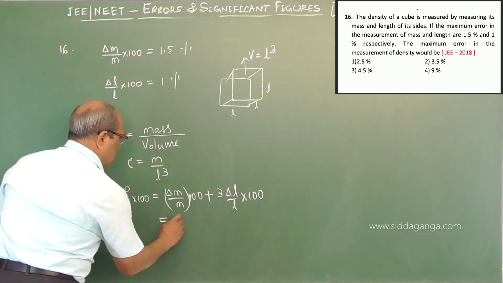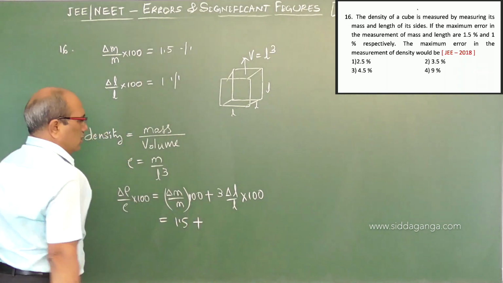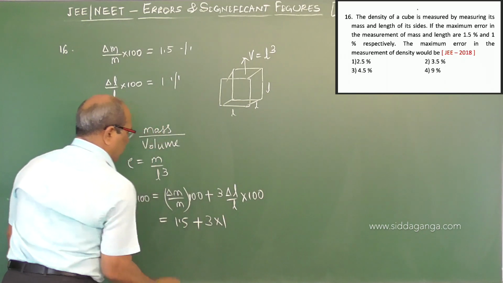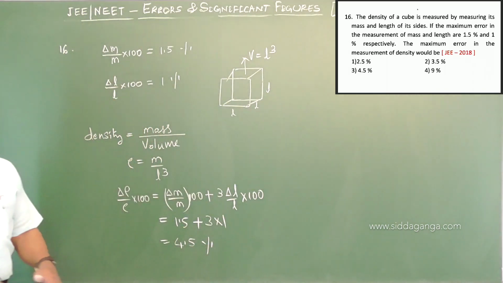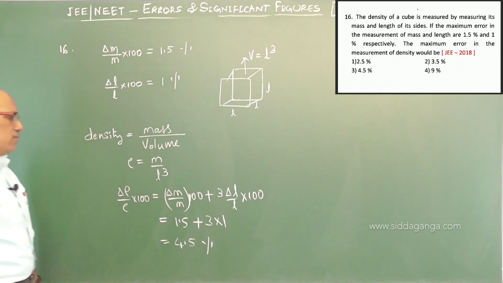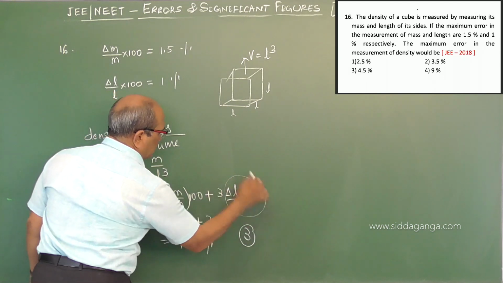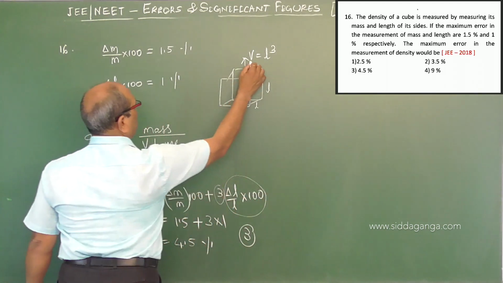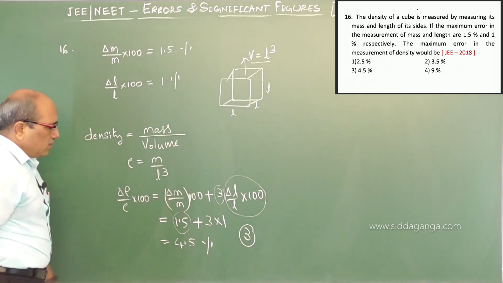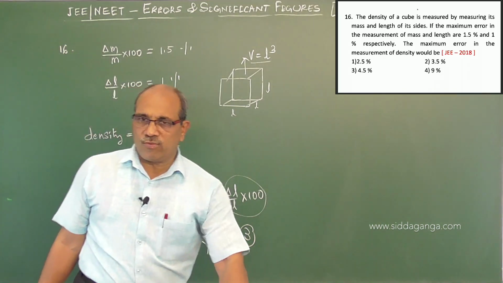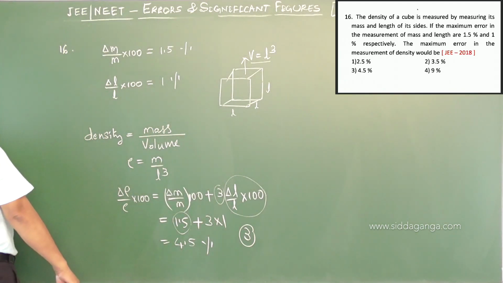So here it is 1.5 plus 3 into 1, which is 4.5%. Option number 3. I think you have followed. The length error has 3 times effect because volume is L cube, and the mass has 1 time effect. The total becomes 4.5%, which appeared in JEE 2018. Let us come to the next question, 17.